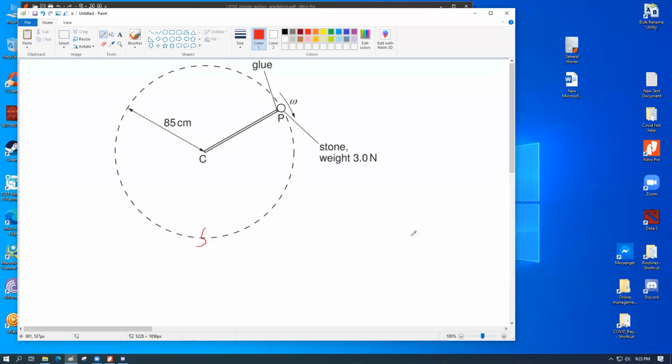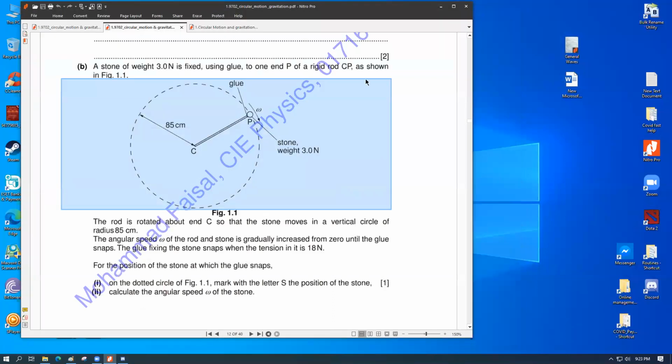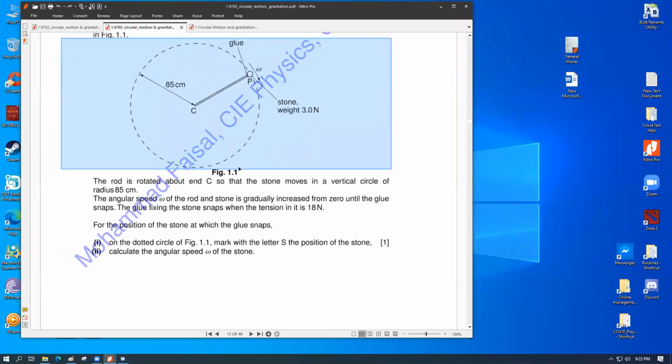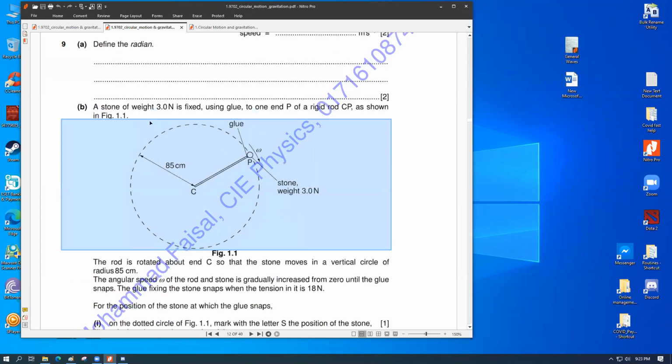You write an S over here, you score that mark. And then it says number 2, calculate the angular speed omega of the stone for whenever the stone snaps. The question says that the tension value was 18 Newton. The glue fixing the stone snaps when the tension in it is 18 Newton. Now here's the deal. What is the weight of the stone?